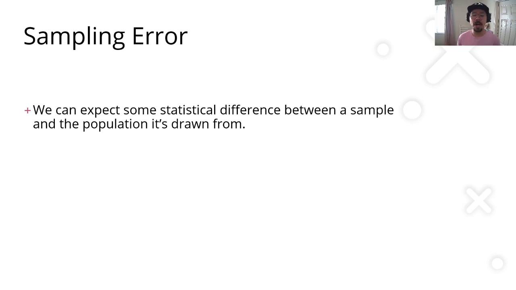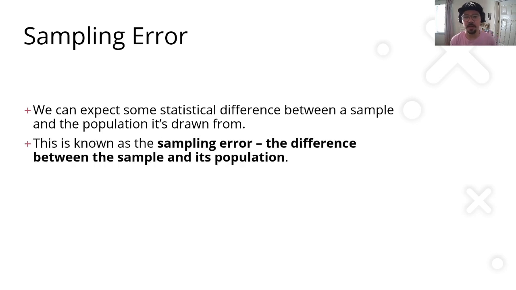Because it's not the whole population. Any sample that I draw is just statistically unlikely to be an exact match to the population, all right? So when that happens, that difference between the sample and the population is called the sampling error. So it is the difference between the sample and its population.